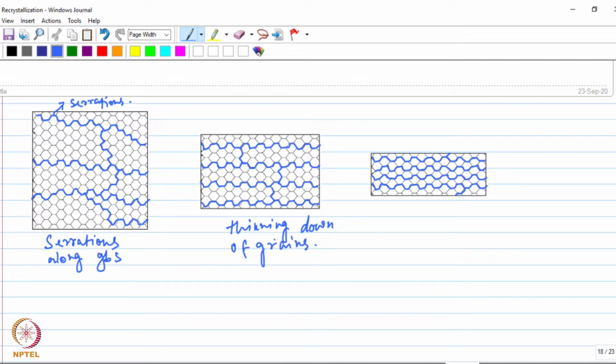While the size of the subgrains remains constant, right? Although the grain size is changing, the grain shape is changing, the subgrains remain constant, okay? So eventually the size of the serrations will be comparable to the grain thickness as it is deformed more and more. So that's what you can see over here.